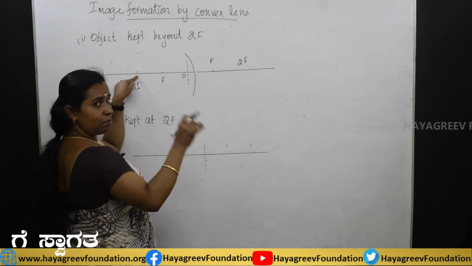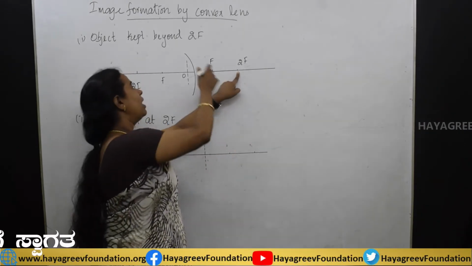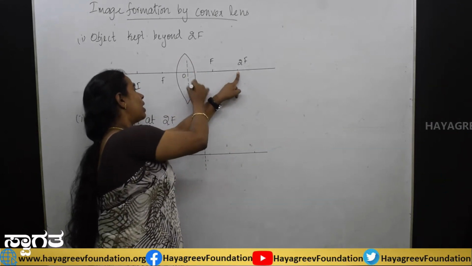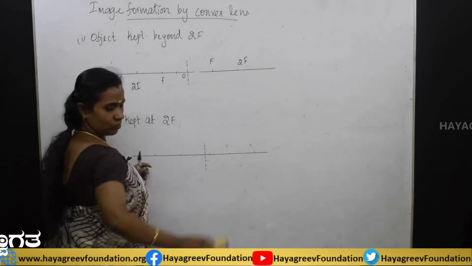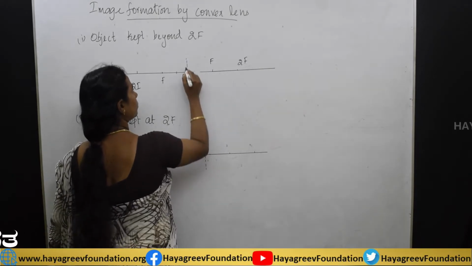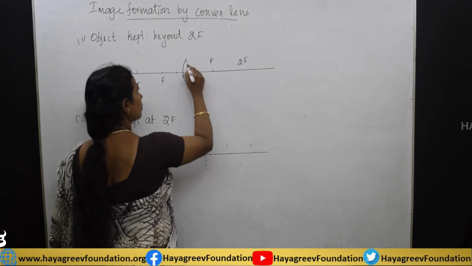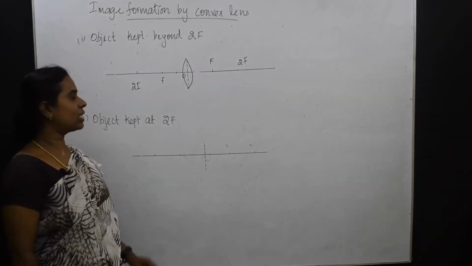With the same measurement, keep the compass needle at this 2f and again draw an arc on this side. So you are going to get a convex lens. So we need to draw a convex lens.